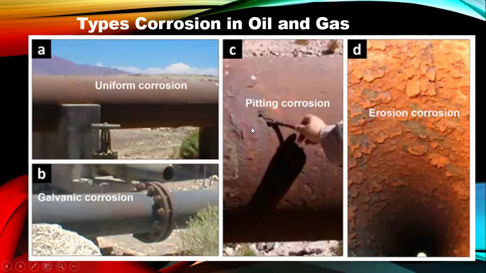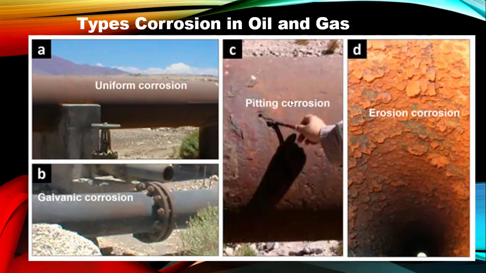Talking about corrosion, we need to know that there are various types of corrosion, right? We have uniform corrosion. Uniform corrosion is mostly at the surface of the metal due to environmental conditions like rain and the air that is already there. It tends to corrode the pipe uniformly.